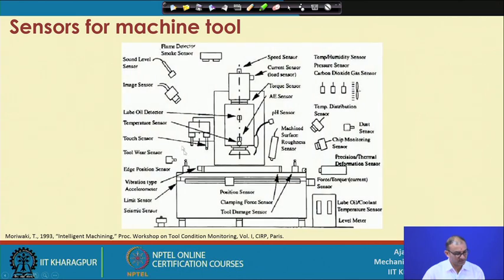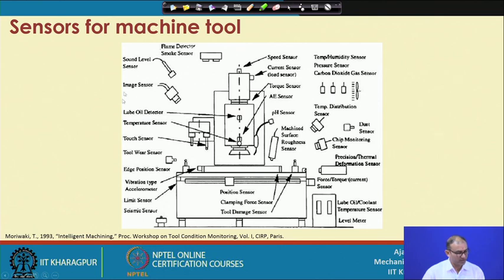And what are the sensors? This slide we have seen a long time before, but it is still relevant to this topic, because this slide tells you what different types of sensors you can use for monitoring and control of a manufacturing process. Now, it is a vertical milling machine.